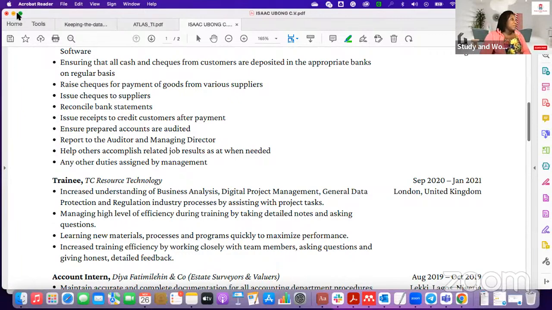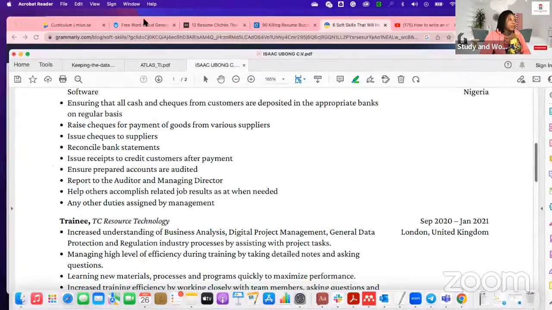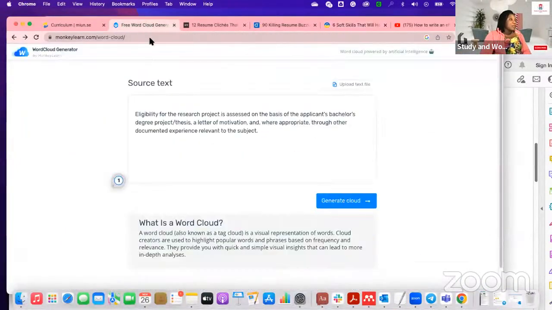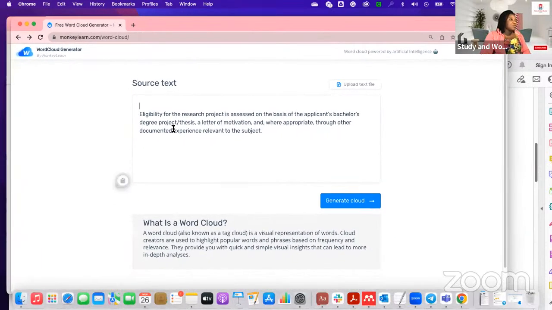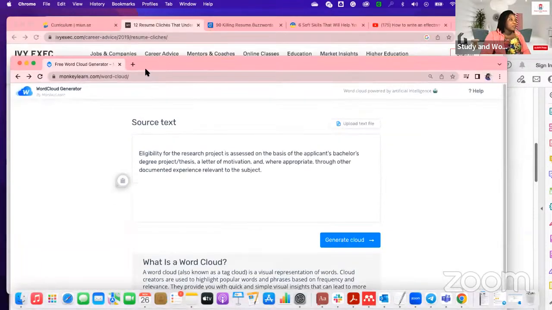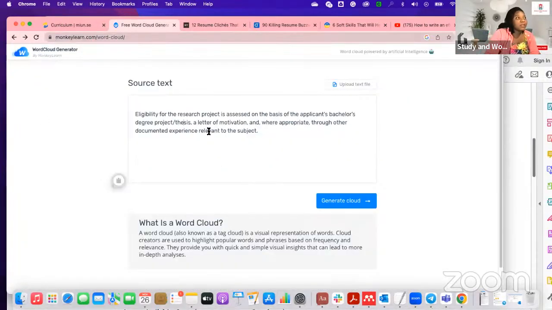So one way of doing this is, let's check. There is a website here that you can use to check your keywords, like some keywords that you need to put inside your CV.